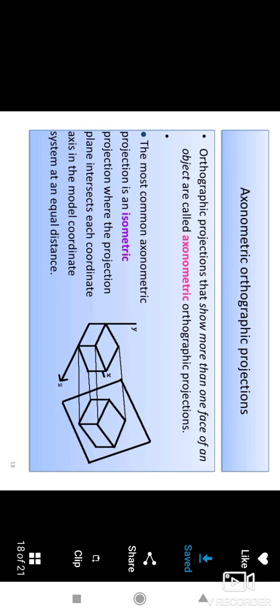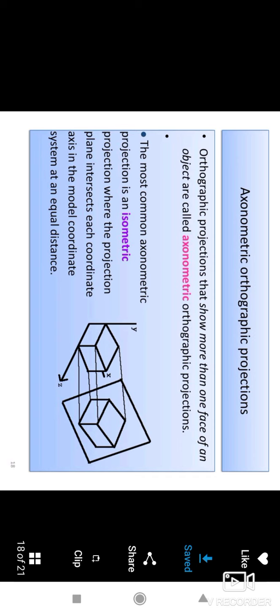What is isometric projection? Here the projection plane intersects each coordinate axis in the model coordinate system at an equal distance.